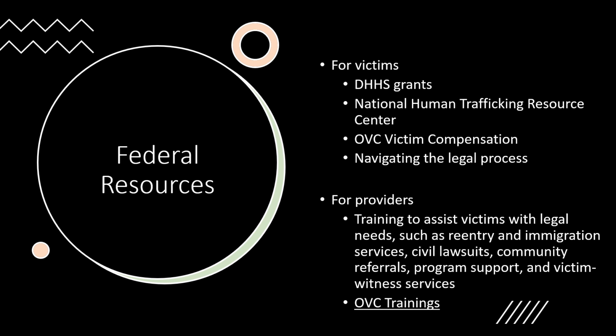And for this slide in particular, these are federal resources that providers can go to for funding to help them help the victims of trafficking. They do that through grants and things like that, where the federal government will help fund initiatives and different opportunities for service providers to help this specific population of victims.